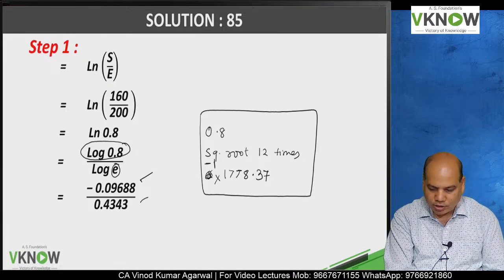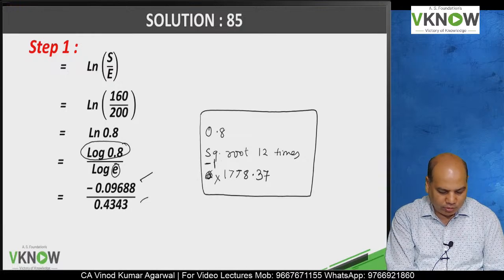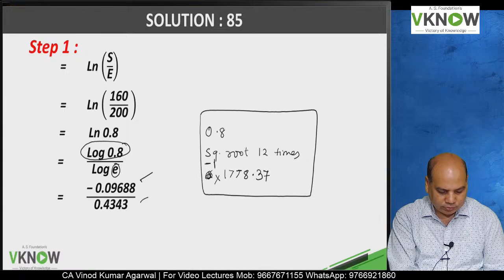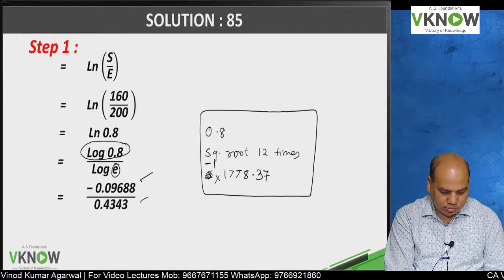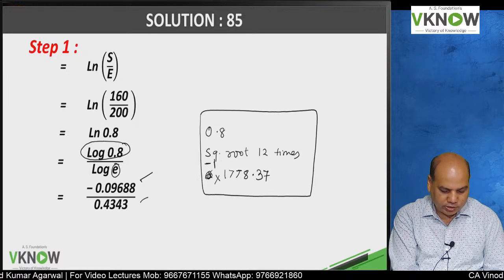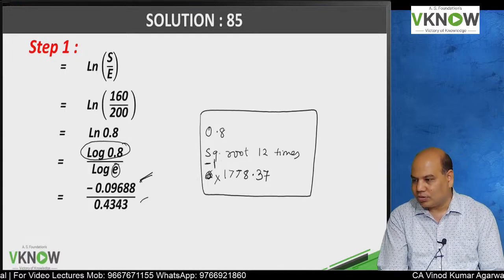Minus 1 I forgot to write. Okay, let me check again. 0.8, press square root function 12 times. Okay, minus 1, then you multiplied by 1778.37. Okay, that's right. Thank you for reminding. Minus 1 was also there.